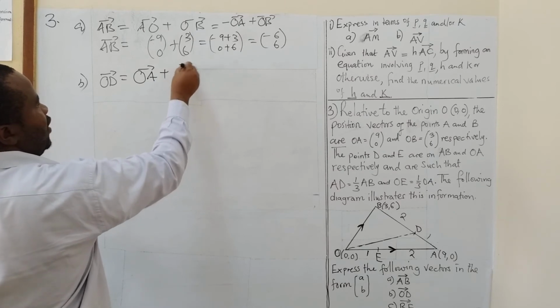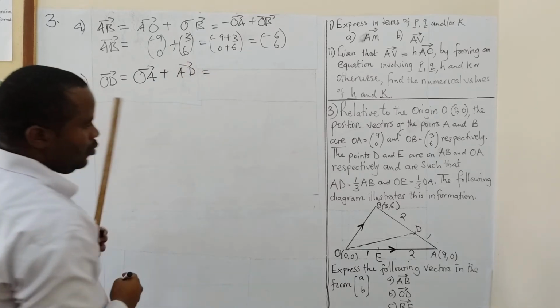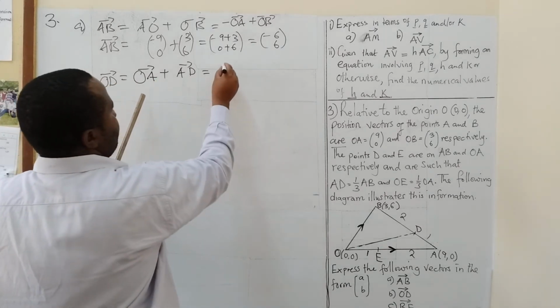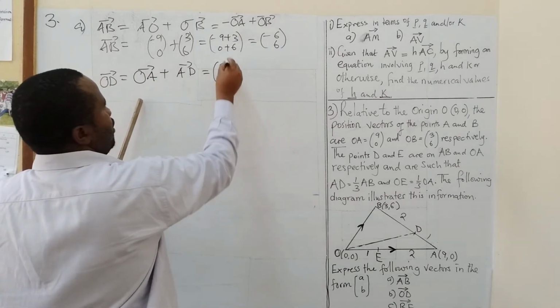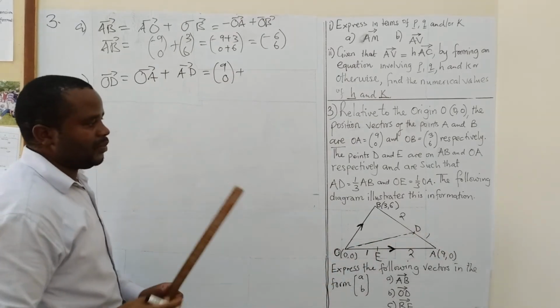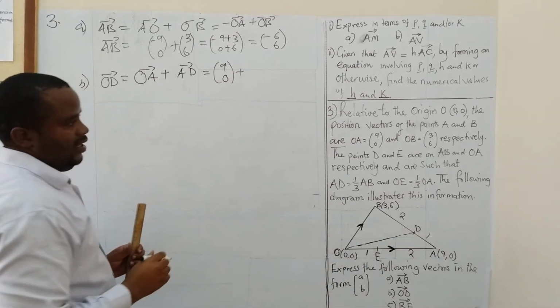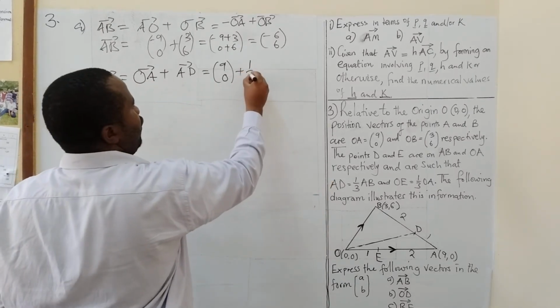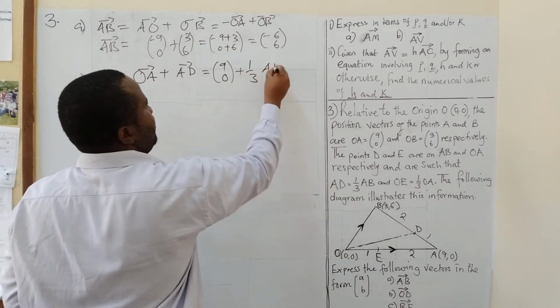AD. Okay? So, what is OA? OA is 9, 0 plus. What is AD? We've been taught that AD is 1 over 3 of what? AB.